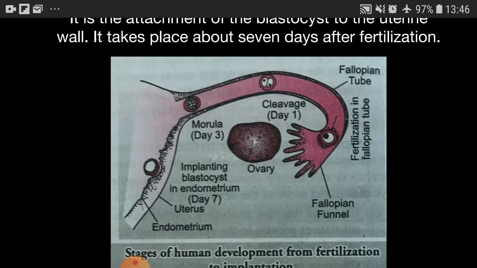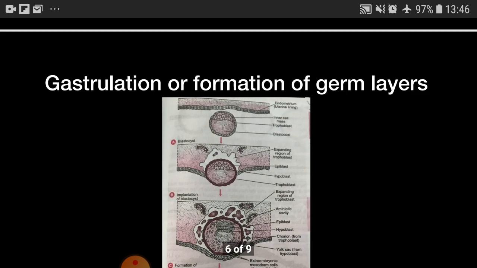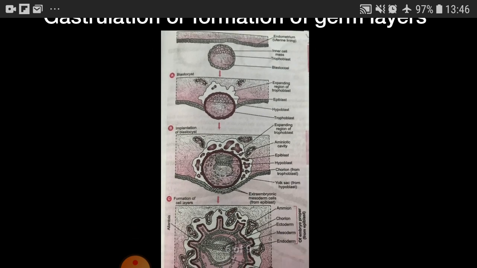Up to the 7th day you see, from the first day after the entry of this ovum into the fallopian tube, the fertilization and then the cleavage on the first day, then the 3rd day is shown, and then the 7th day is shown. I hope it is clear to you. So we can move to the next diagram for the implantation and then the formation of the germ layers.